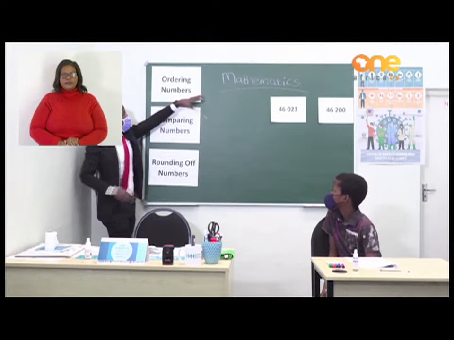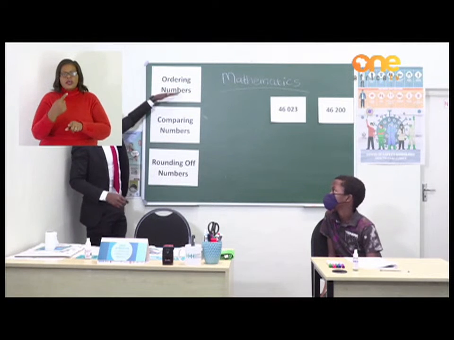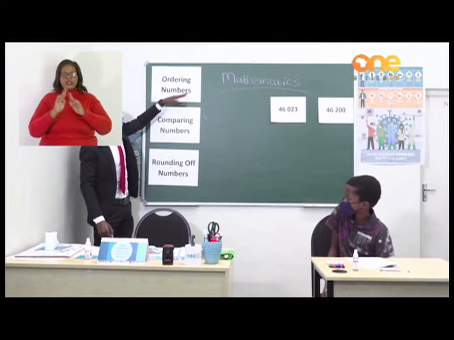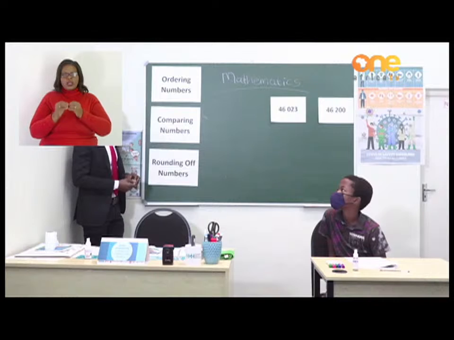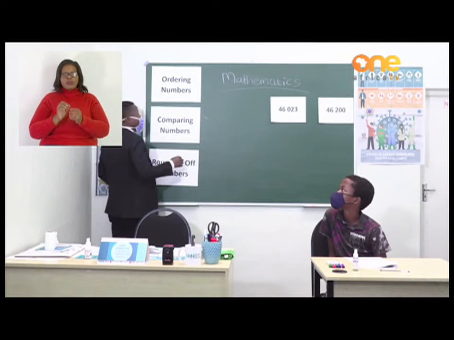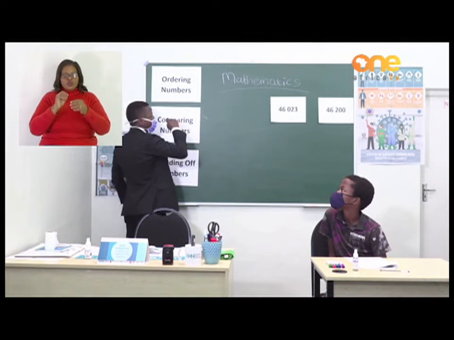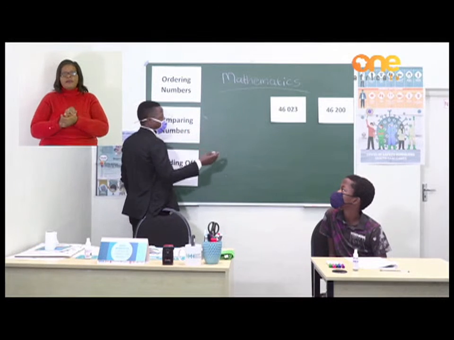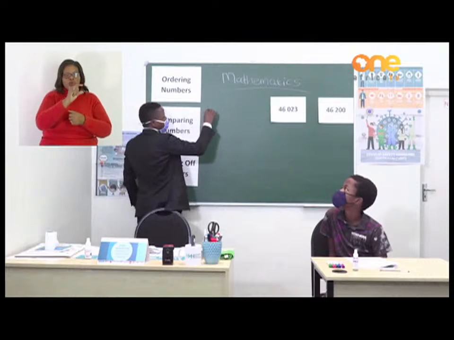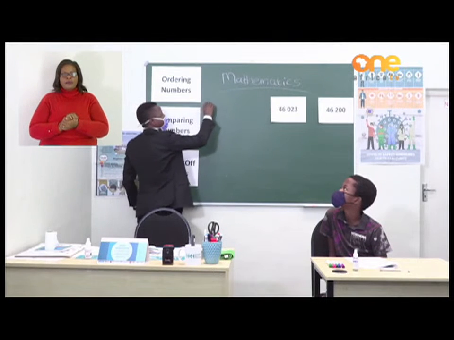As I said, we have to cover 3 objectives: ordering numbers, comparing numbers, and rounding of numbers. So when it comes to ordering numbers, we have to put these numbers in order, maybe from the smallest to the biggest. Let me just give some numbers here.